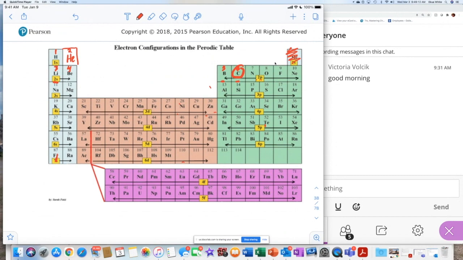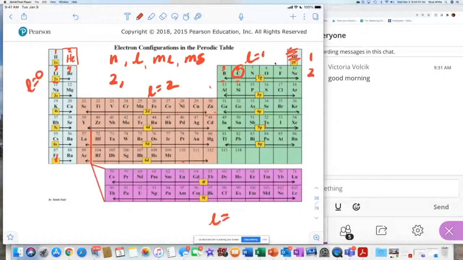Let's see. Carbon. So remember, from the 4 quantum numbers, we said for the N, L, M sub L, M sub S, energy level for carbon, this is 1, this is 2. So we'll say it's 2, right? L is 0 here, L is 1, L is 2, L is 3.